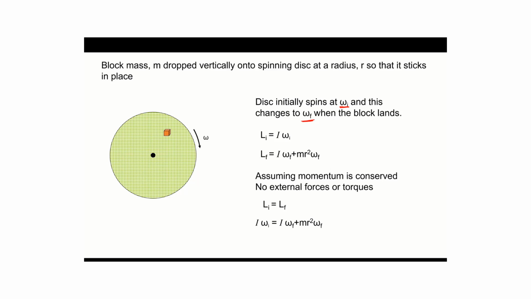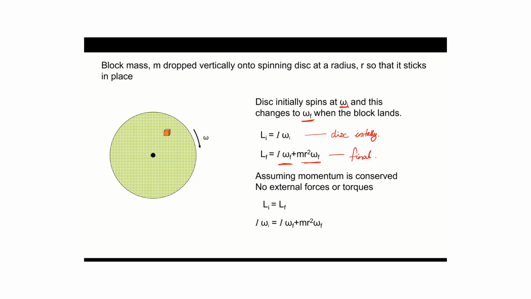Again, looking at the start, initially we only have the disc rotating, so this is for the disc initially. But finally, we have the disc at its new angular velocity plus the momentum of the small block.